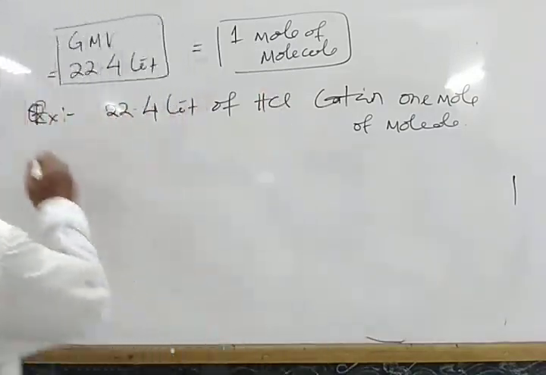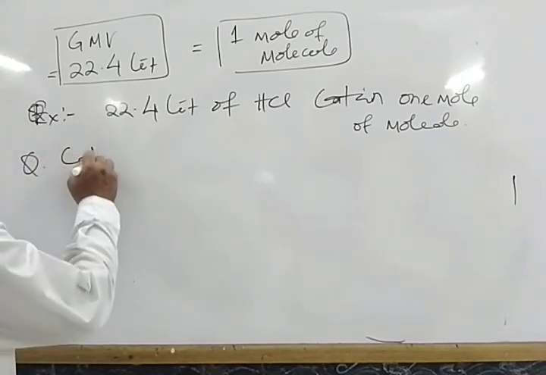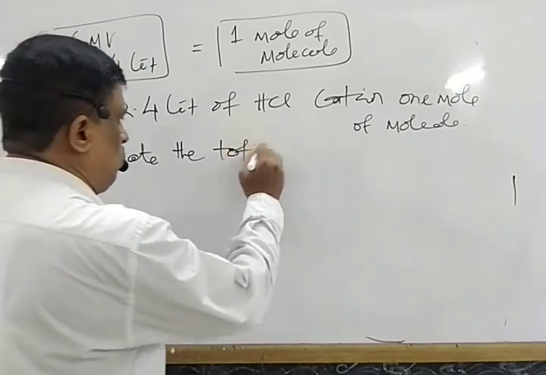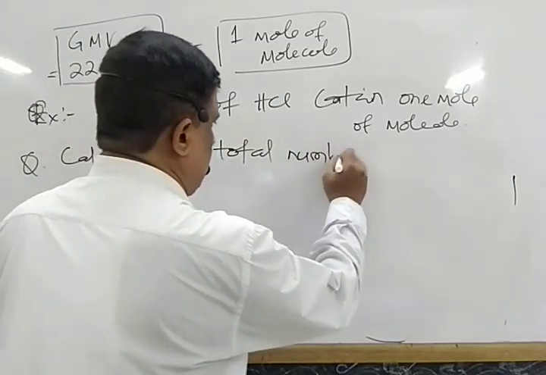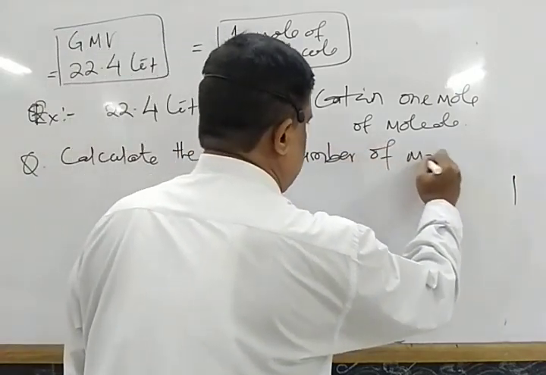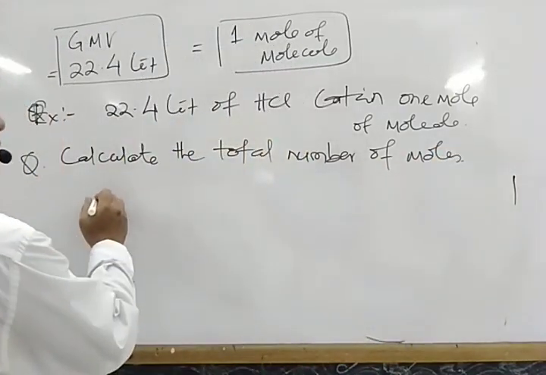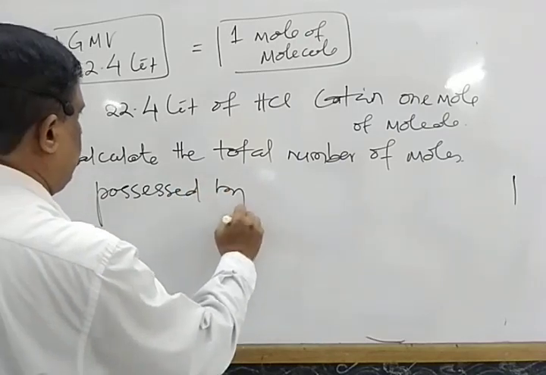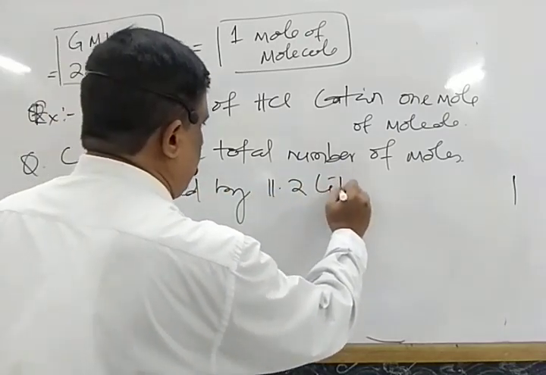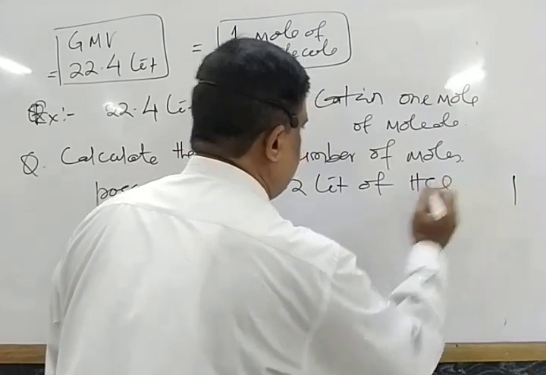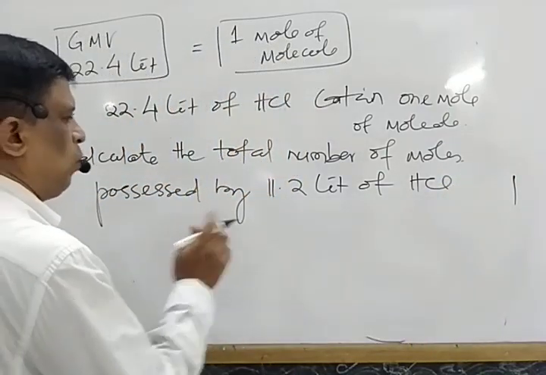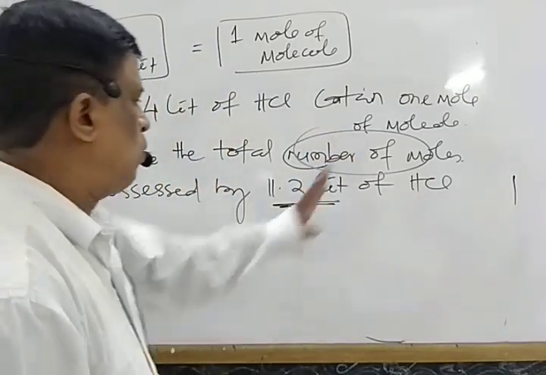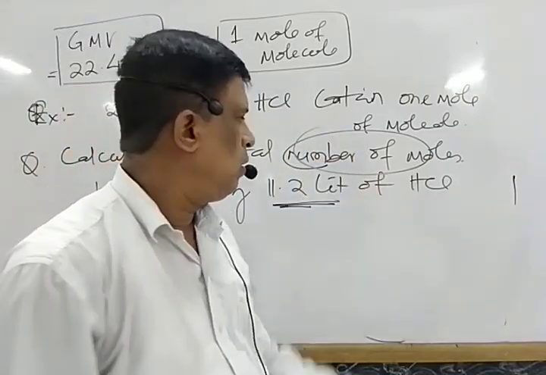Next, transfer to the question. What is the question? Calculate the total number of moles possessed by 11.2 liter of HCl. Read the question. What is the focus? This is the volume and total number of moles with volume for HCl.